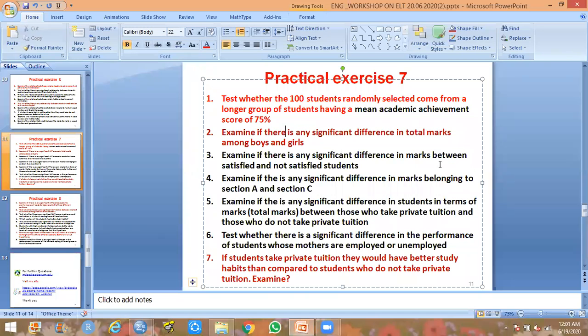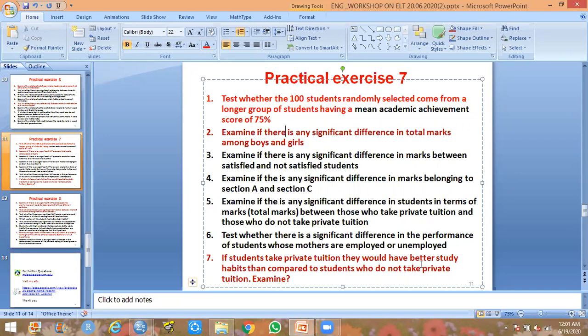Now another one: if students take private tuition, they would have better study habits compared to students who do not take private tuition. Examine. What is this actually?